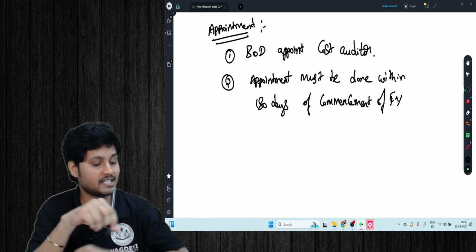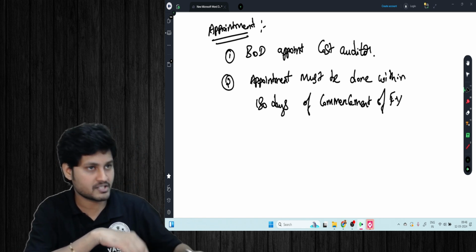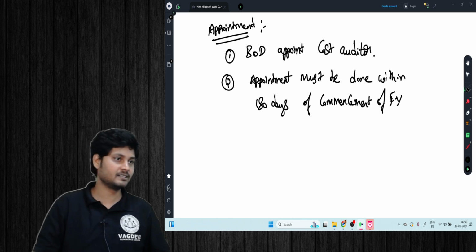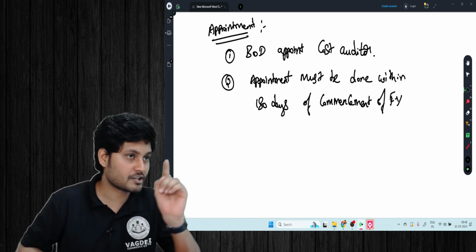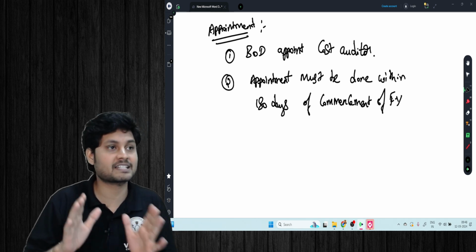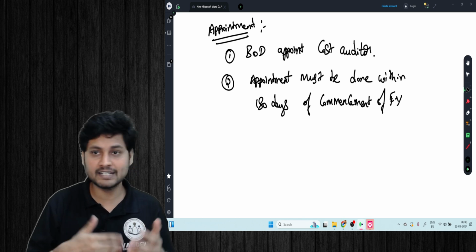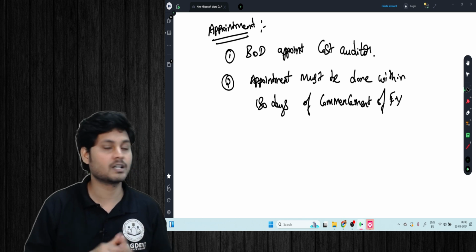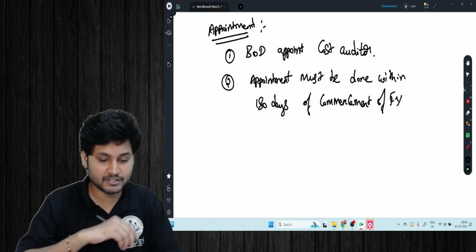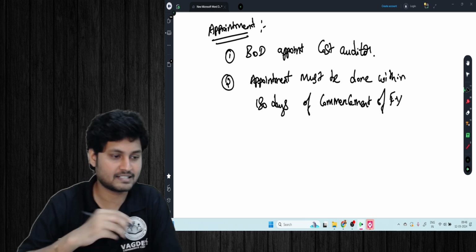See, financial year starts from April to March, April 1st to March 31st. So after the financial year is commenced, within 180 days, a cost auditor must be appointed for a company. Once 148 subsection number 2 is applicable. Within how many days he should be appointed? 180 days.